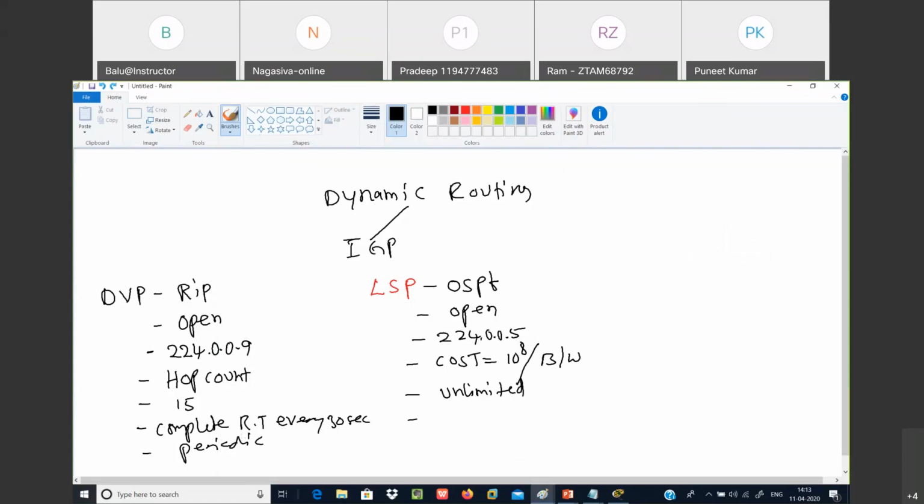In RIP, periodic updates, and the complete routing table is the update. In case of OSPF, LSAs. LSAs are the update, link state advertisements, like which link has failed. That information only is updated. And what does incremental update mean? When there is a change, then only the update happens.